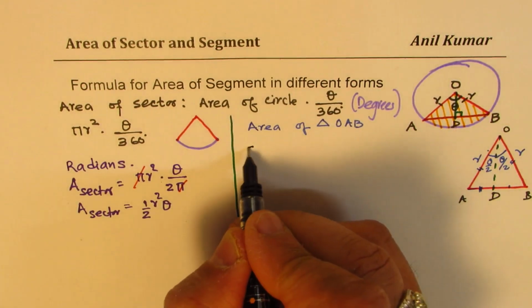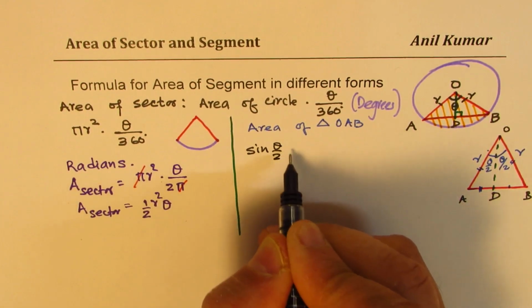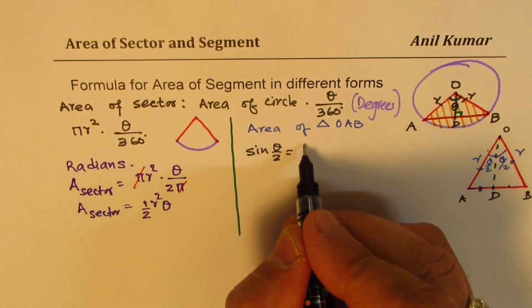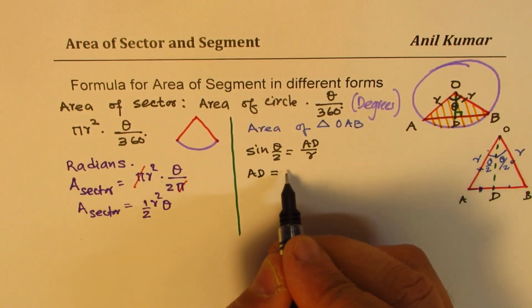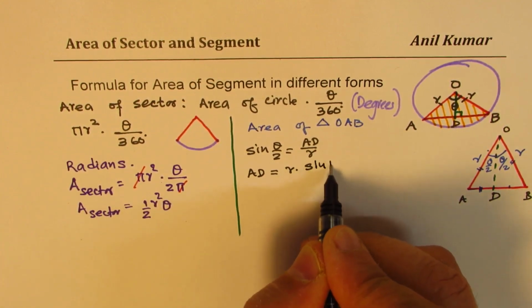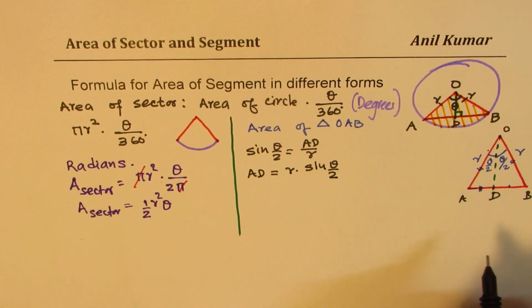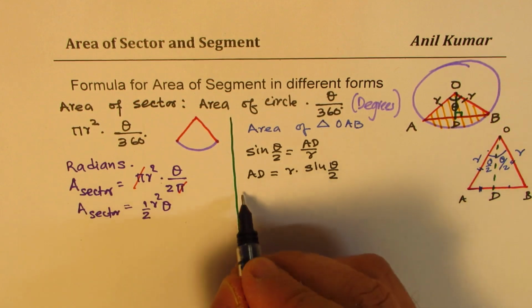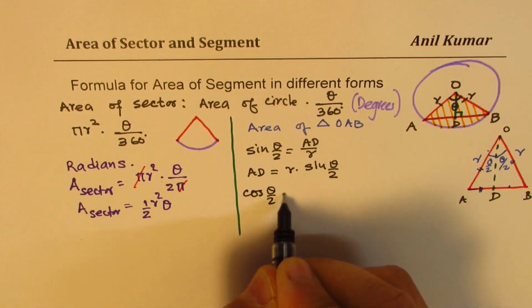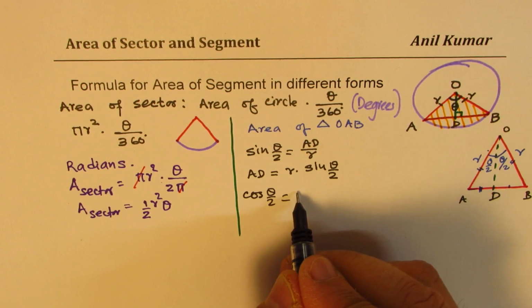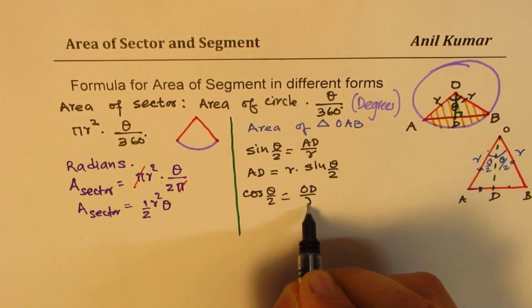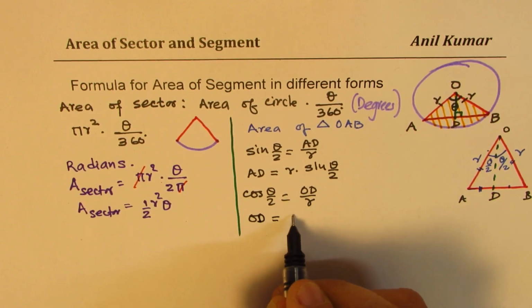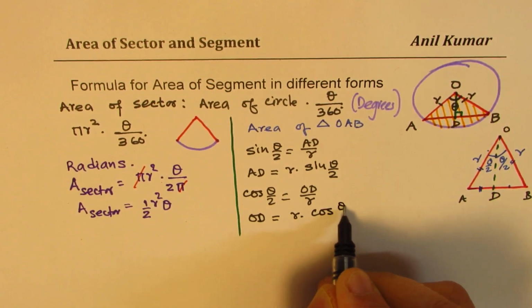So we can say sine theta by 2 will be equal to AD by R. So AD is equal to R times sine theta by 2. Similarly, we could also write that cos theta by 2 is equal to OD by R, or we can say OD equals R times cos theta by 2.